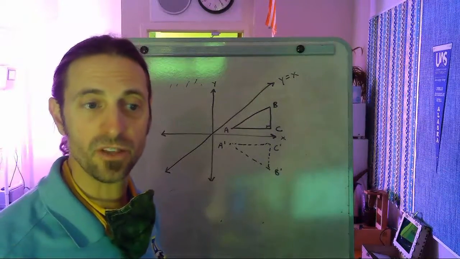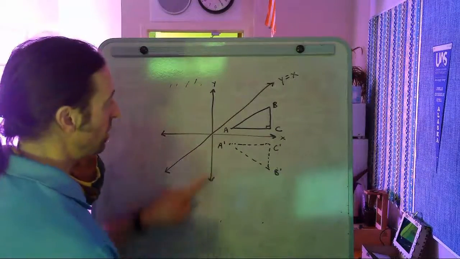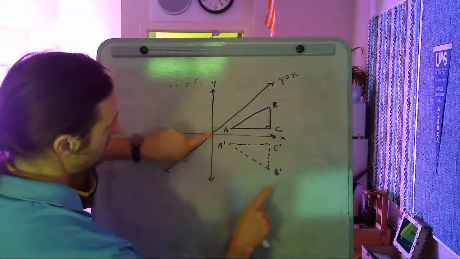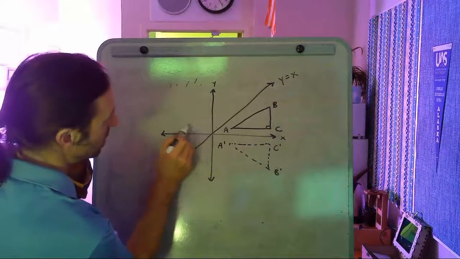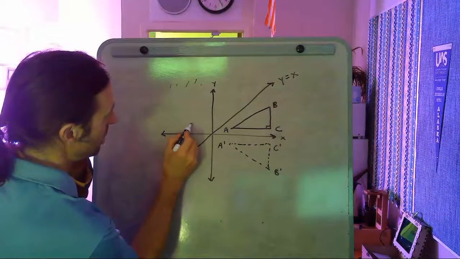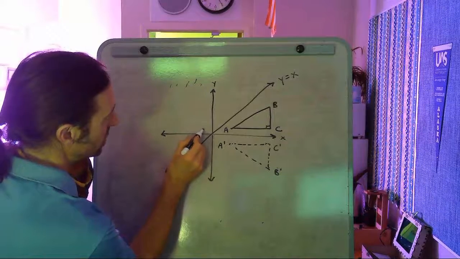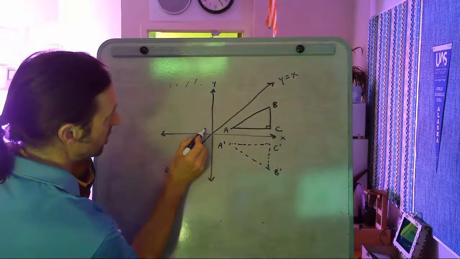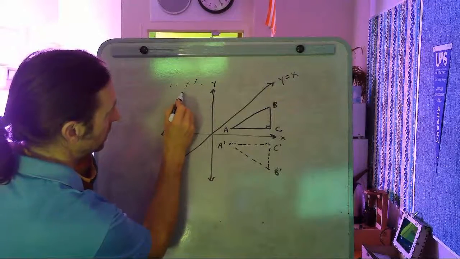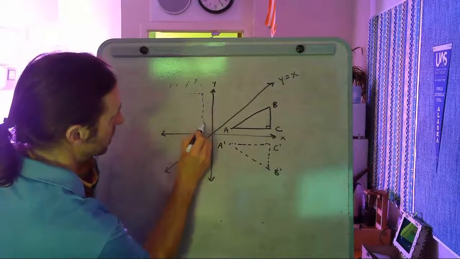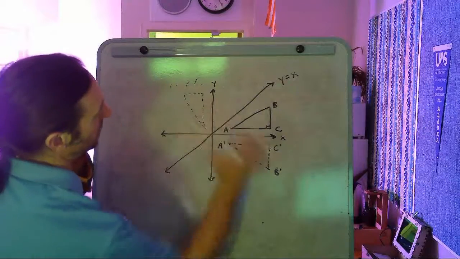The second transformation in this case is a reflection over y equals x. So basically I'm going to take this across this line here, and it's going to end up over here. And again, it would be the same distance away. It would be pretty close to that.